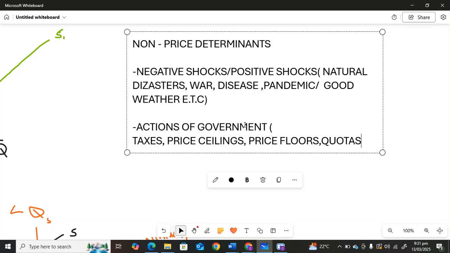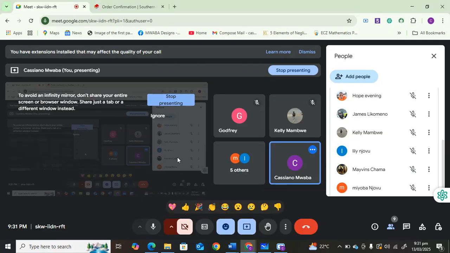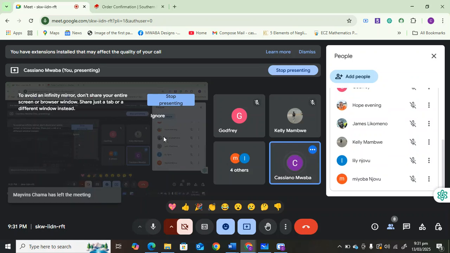All right, colleagues, what's a quota? It's a restriction on the amount of goods that can be imported into the country.